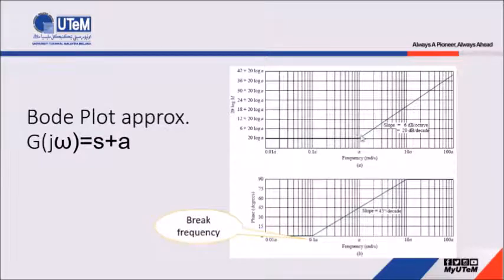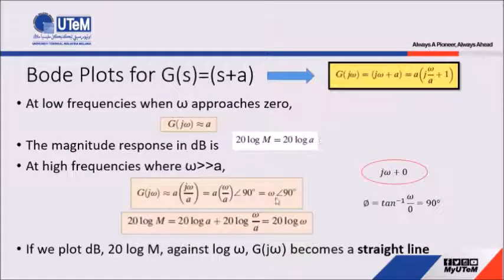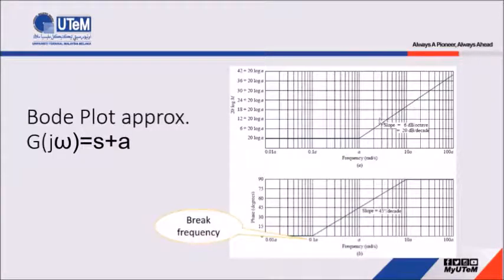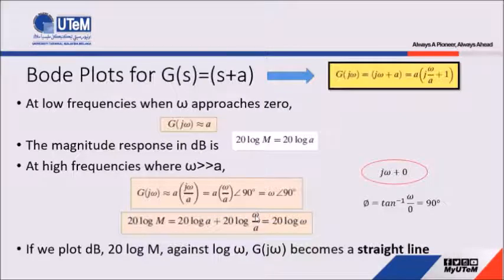At this cutoff frequency, the plot goes up with a slope of 20 dB per decade, which depends on the equation 20 log omega over a. That means this line depends on the value of omega, which starts from 0 point something till infinity.